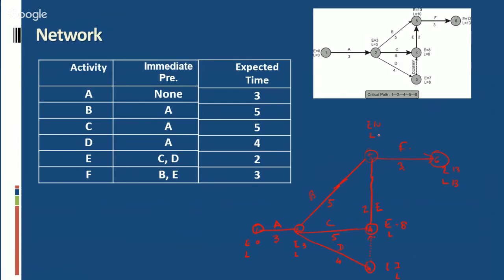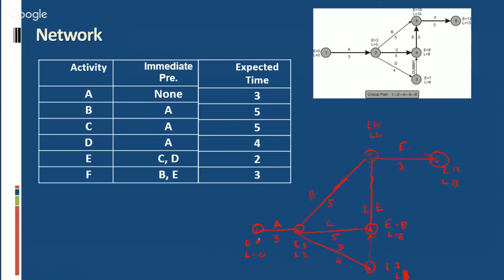13 less 3 is 10. 10 less 2, the value will be 8. 8 less 5 is 3. Here the value of L will be 4, sorry, the value will be 8. 8 less 4, the value will be 8 less 5, 3, which is lower, or 0.